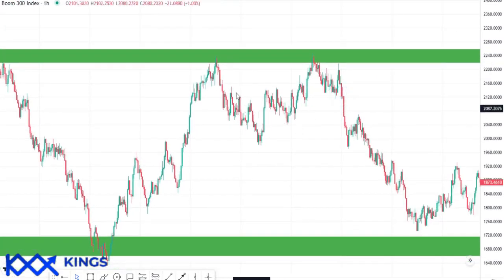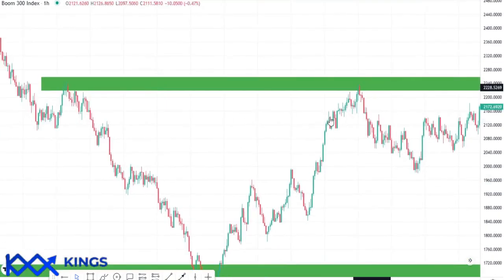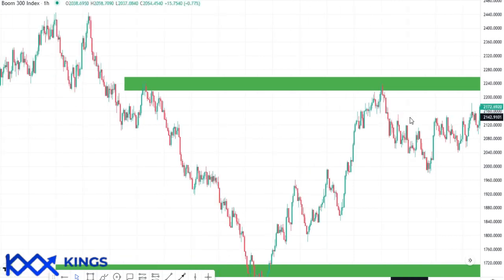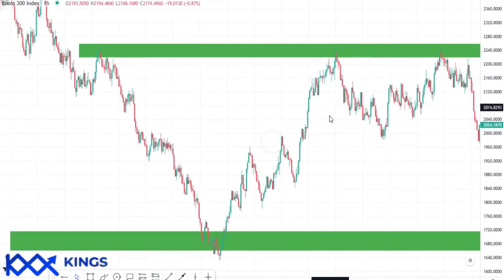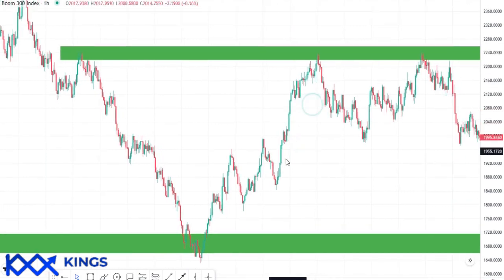So as a trader, you expect to be selling here, or to wait for the price to give you another reversal at this zone before you make an entry, and you see it as a valid level, okay? So first of all, when the price is coming close to this zone, what are you seeing? How does the price approach this level? From here you can see that you have this buying power, okay?